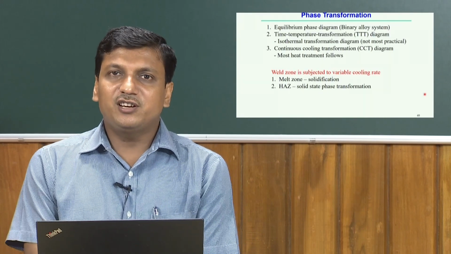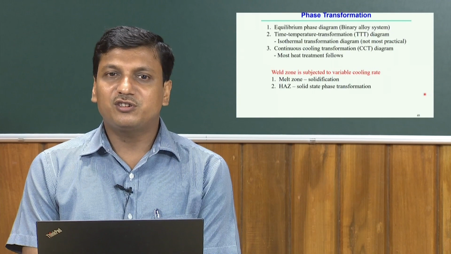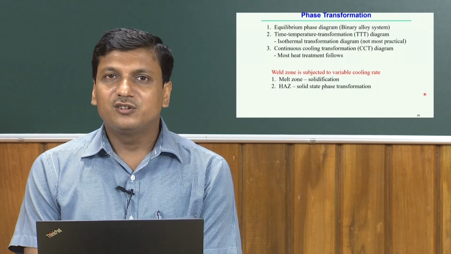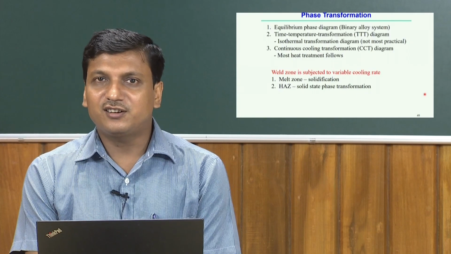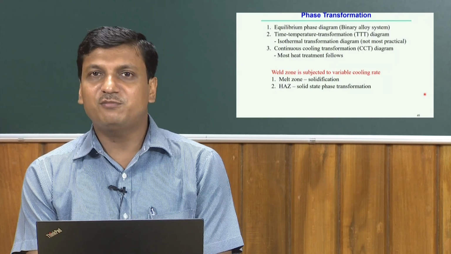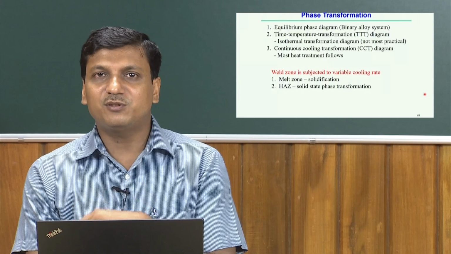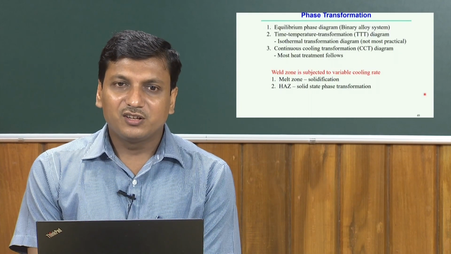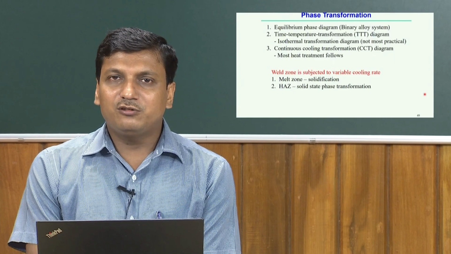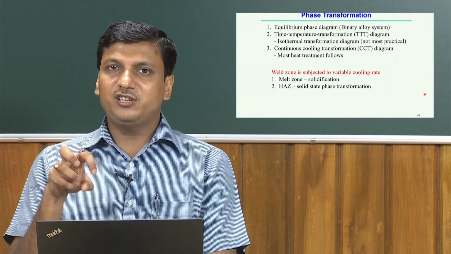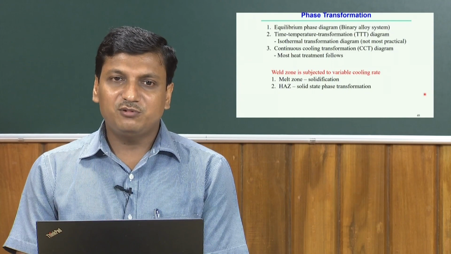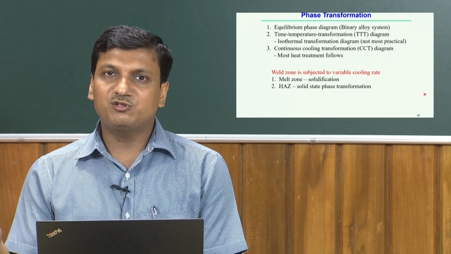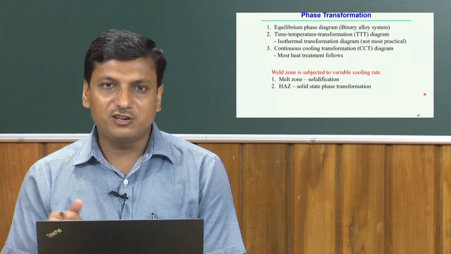But still we can use the phase transformation diagram, a CCT diagram or TTT diagram, to explain the transformation from one phase to another with respect to time, temperature, and different fixed cooling rates. Now, the melt zone, that means the molten weld pool, is subjected to solidification, that is the transformation from liquid phase to solid phase.